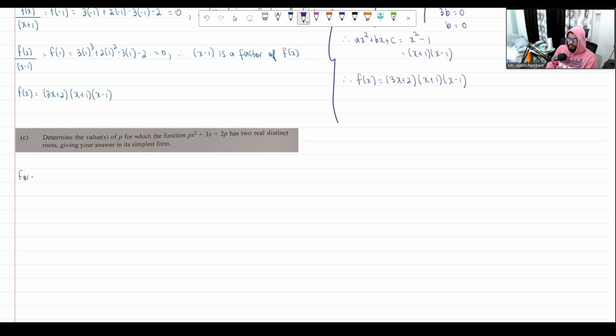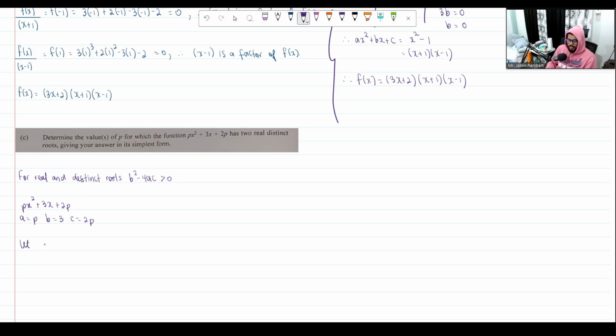So I say for real and distinct roots, b squared minus 4ac is greater than 0. The function is px squared plus 3x plus 2p. A is p, b is 3, c is 2p.